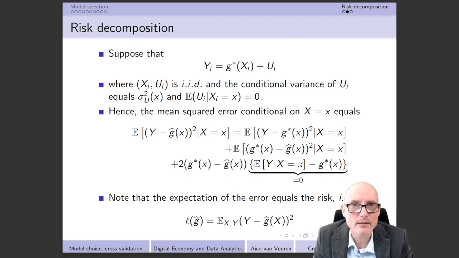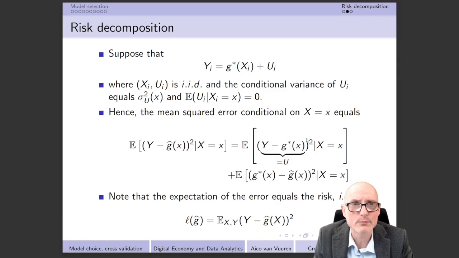And that implies that I can simply ignore it, and next I'm going to focus on this term that we have over here. Take into account, by the way, that y minus g star x can also be written as u, because if in this model I take g star xi to the left hand side, I get ui is equal to yi minus g star xi.